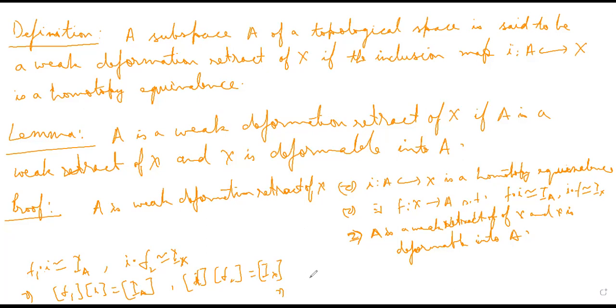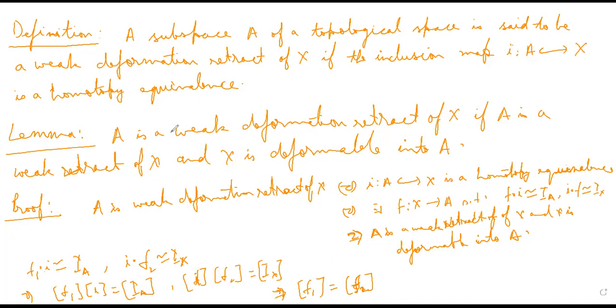This implies that f1 is a left inverse of this, and f2 is a right inverse of this, but then left and right inverses will be the same.